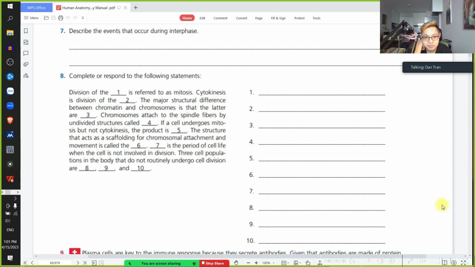Genes. No. Nó là centromere. Cái tâm động á, cái centromere, you know. Centromere. Yeah. Cấu trúc đó không được phân chia. Undivided structure called centromere.